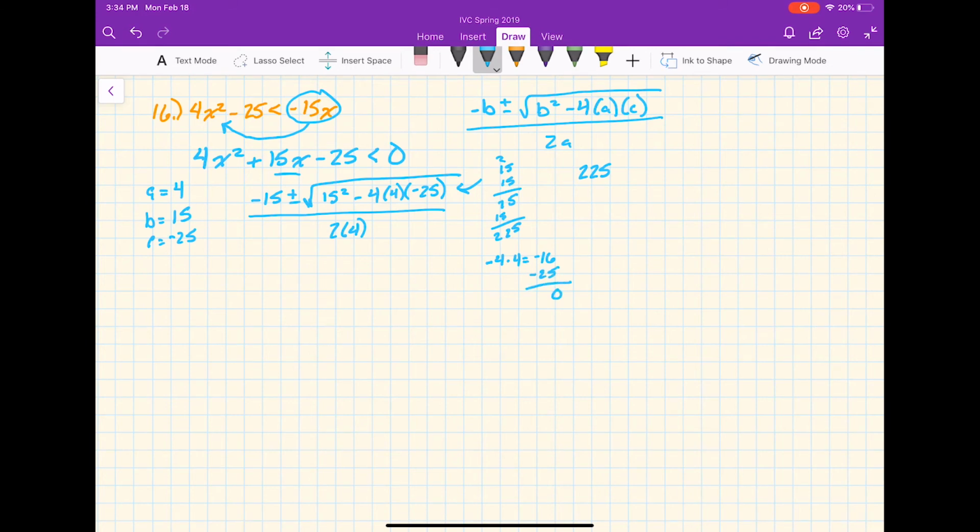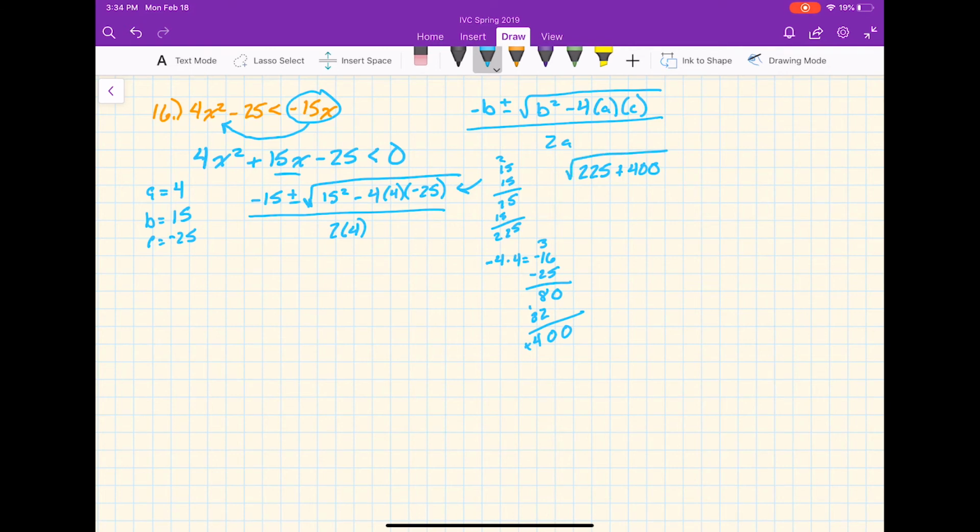And 16 times 2 is 32. So I'll just write that down. Got 400. And since these were two negatives, it's going to be a positive, so plus 400.